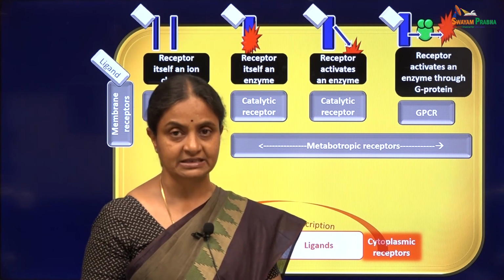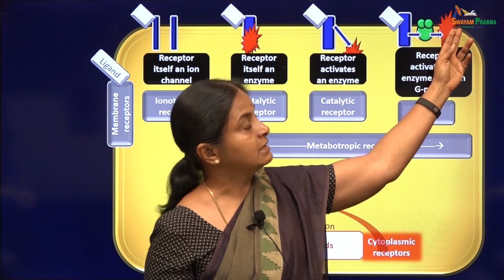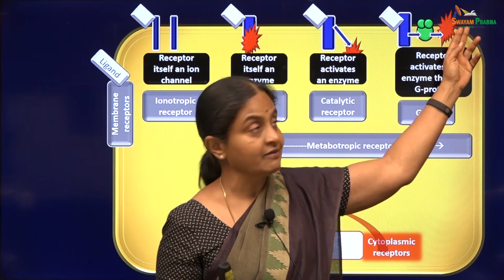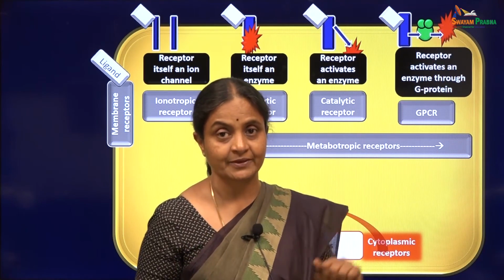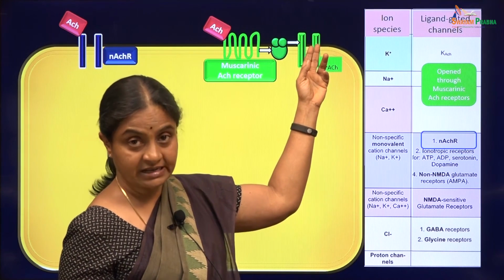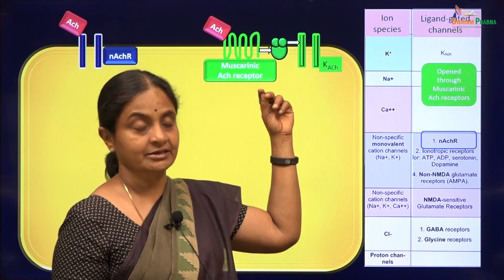That was just to keep things simple. We spoke about 4 types of G proteins acting on 4 different types of membrane enzymes. They were all enzymes. We kept them together. But now, yes, here is a G protein which is not acting on an enzyme but is opening an ion channel directly. That is the KACH channel.